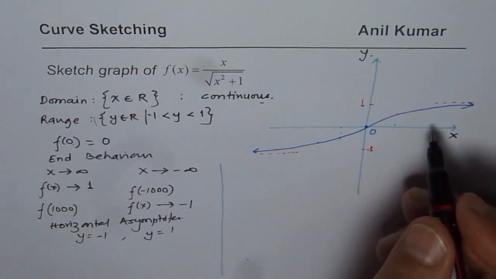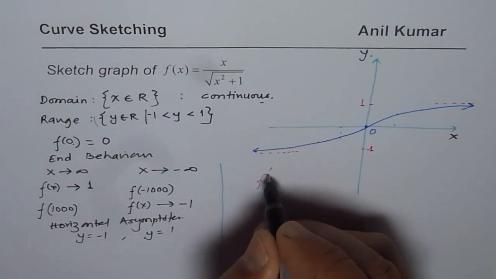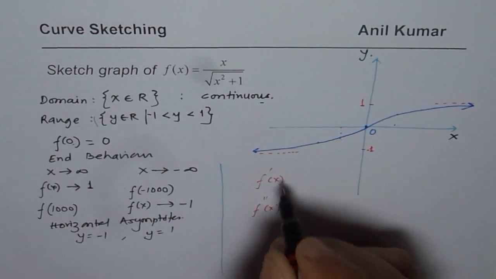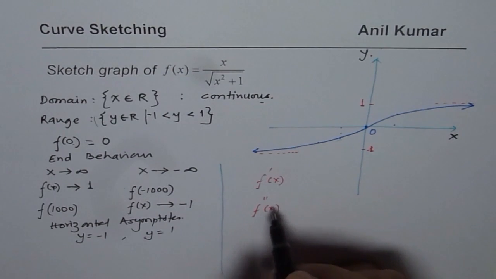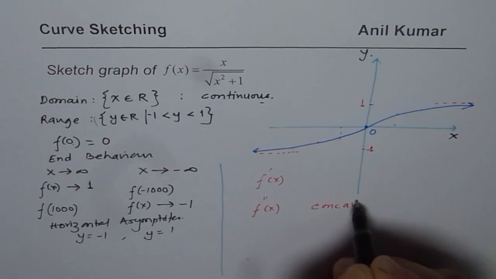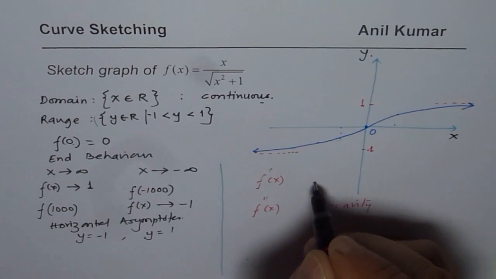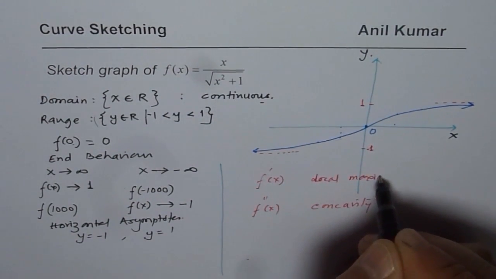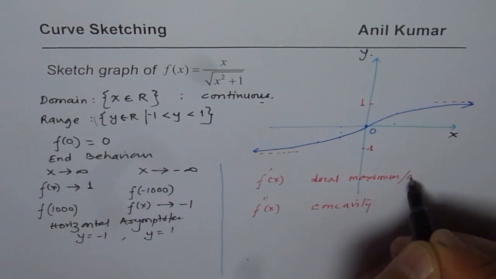To find all those things, you can find the first derivative and the second derivative, and analyze these derivatives. The second derivative gives you concavity. The first derivative gives you local maximum or minimum.